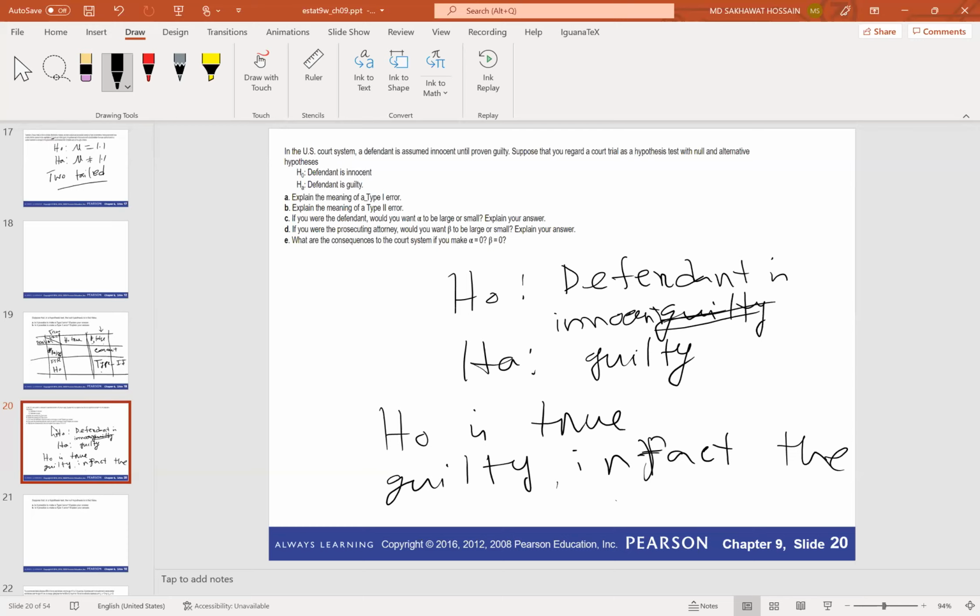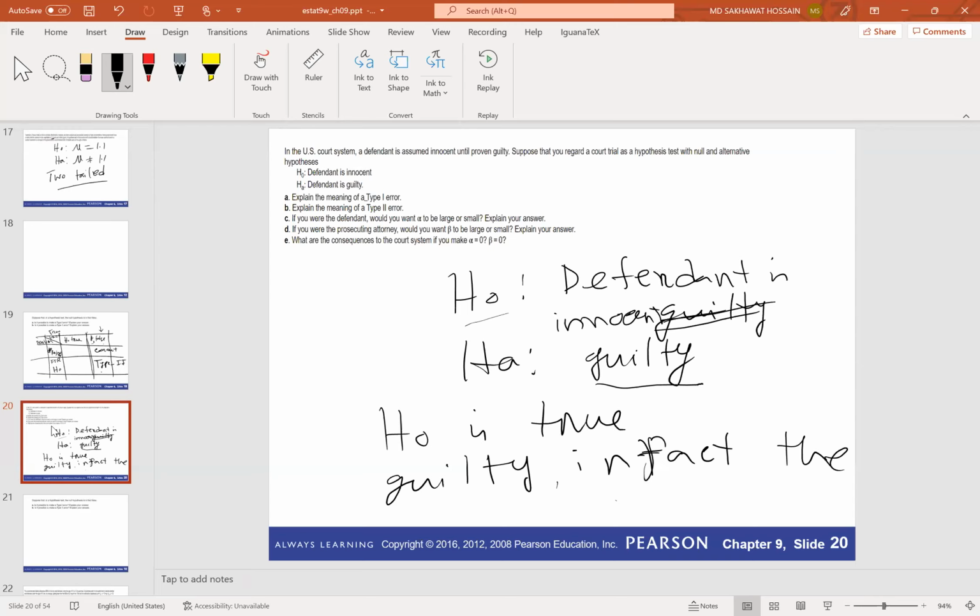So part B, explain the meaning of a type 2 error. The meaning of type 2 error is null is false, but we fail to reject null. Null is false means the defendant is guilty, right? And we fail to reject null, so that means it couldn't prove that the defendant is guilty. So type 2 error means we were not able to prove that the defendant is guilty.